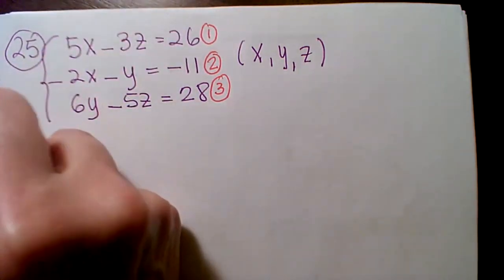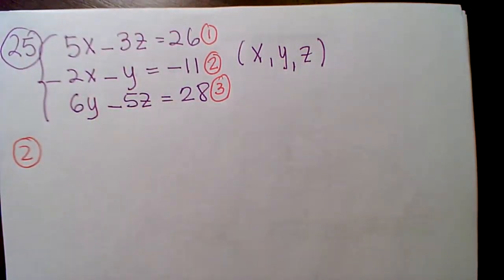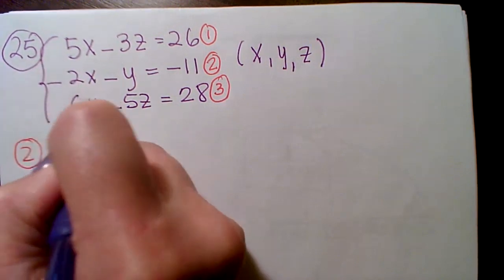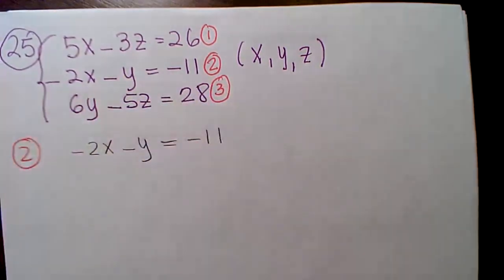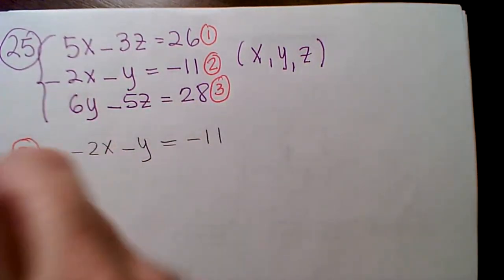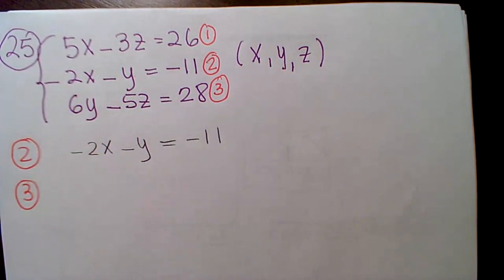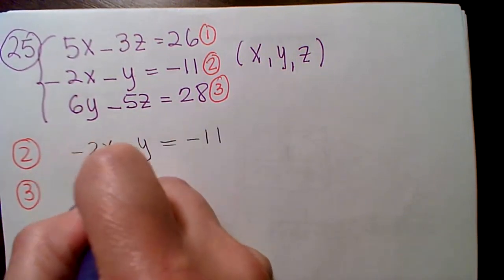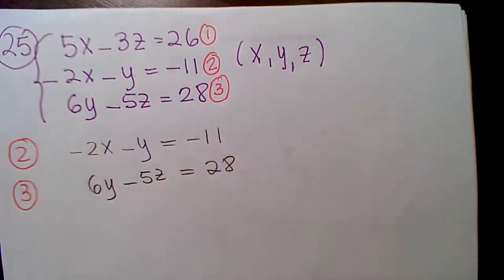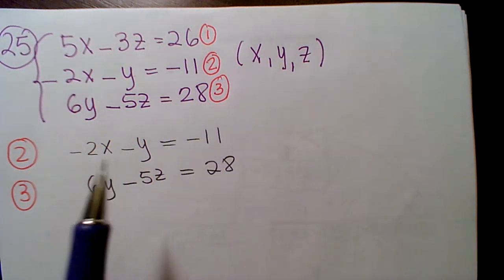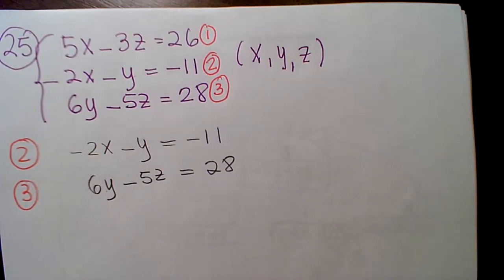I'm taking number 2, which is negative 2x minus y equals negative 11, and number 3, which is 6y minus 5z equals 28. So what do I want to do? Eliminate the y, right? It's the only variable that they have in common.